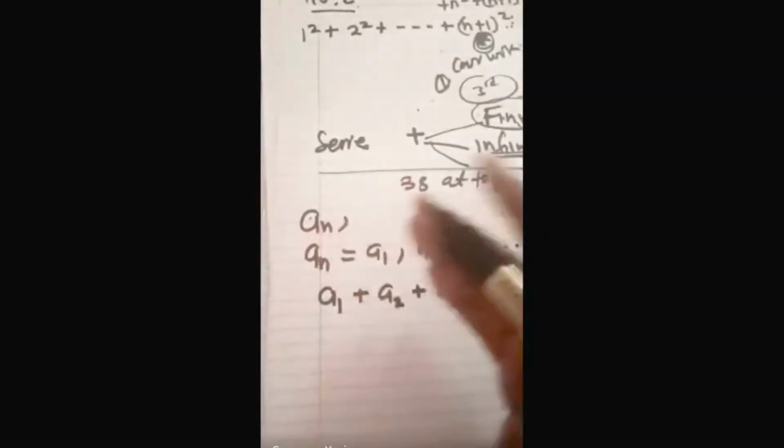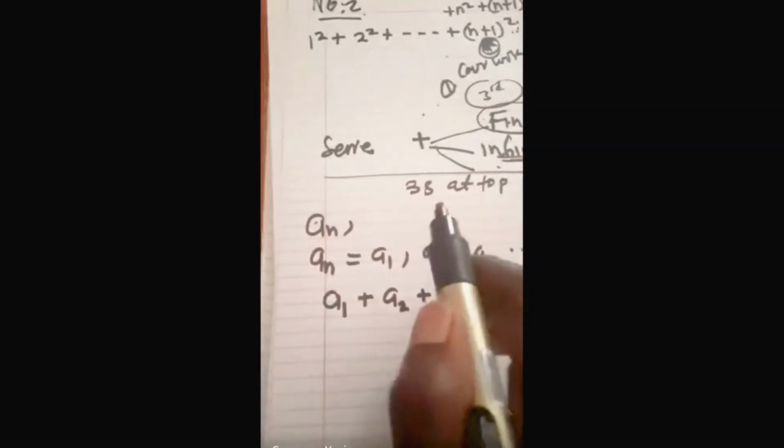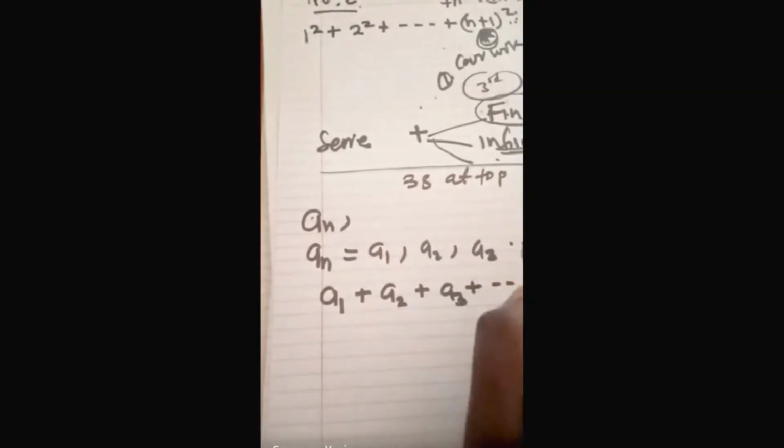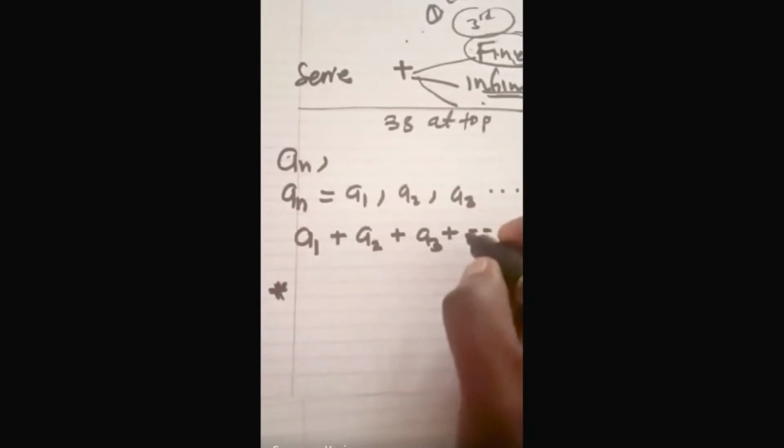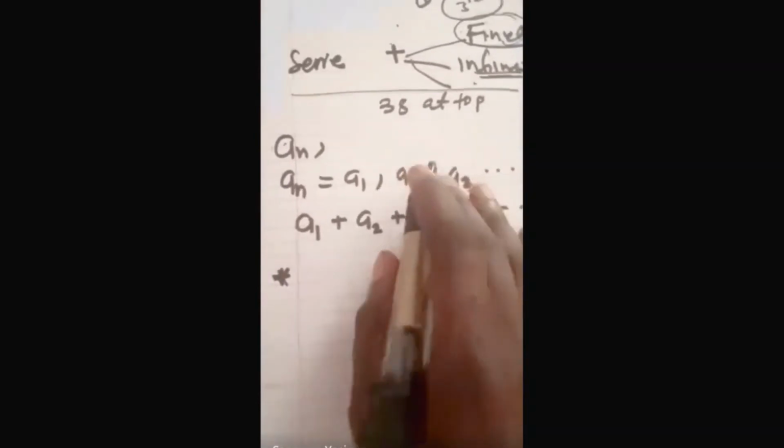So long as I am continuously adding them, I am talking about infinite things. Before we continue with the infinite, there are things we should remember. If you are having a GP, a geometric progression, we know the sum to infinity.